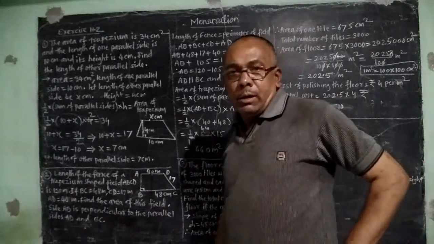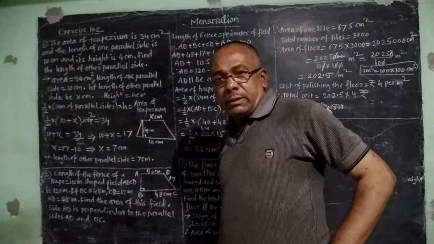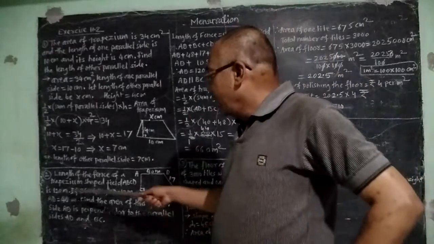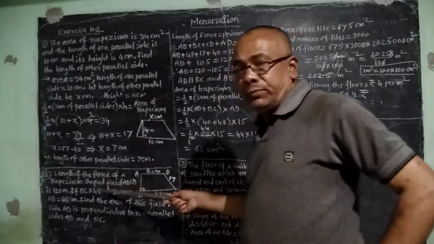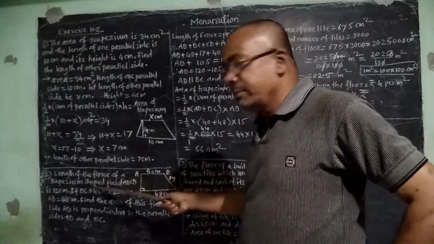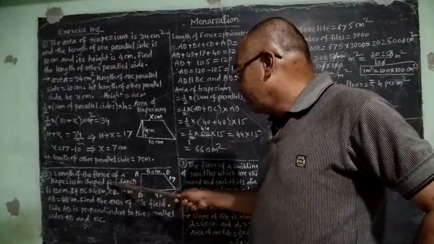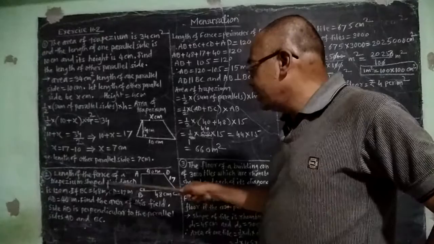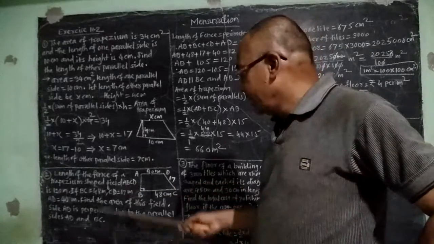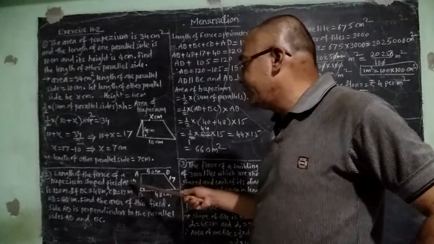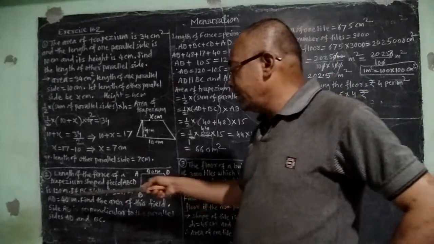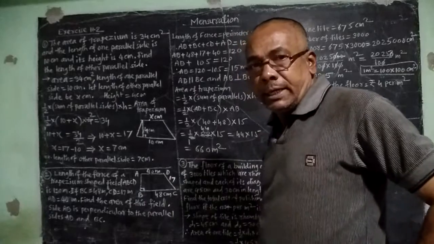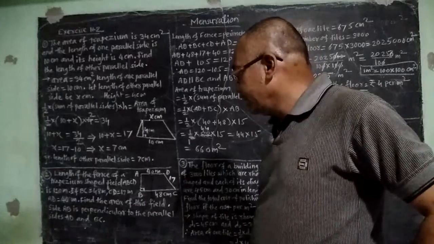Now we will see the second example from this exercise. The length of the fence of a trapezium shaped field ABCD is 120 meter. Means the field is in the shape of a trapezium.